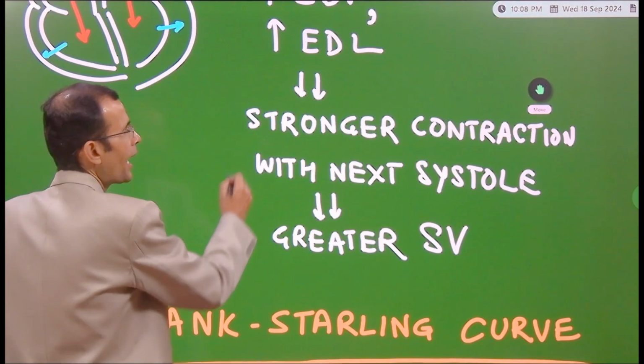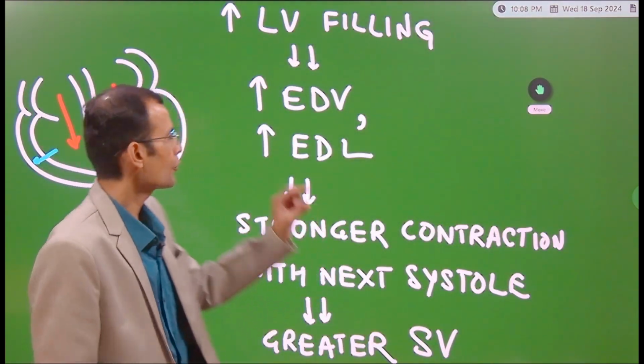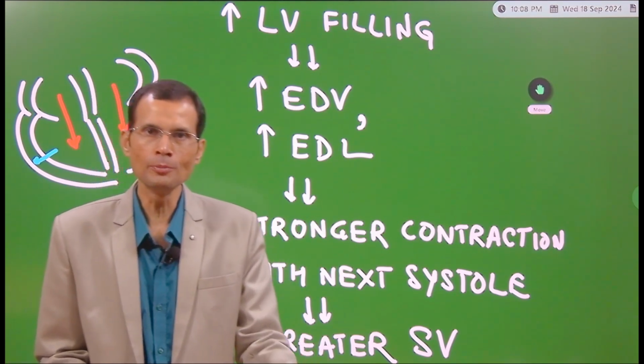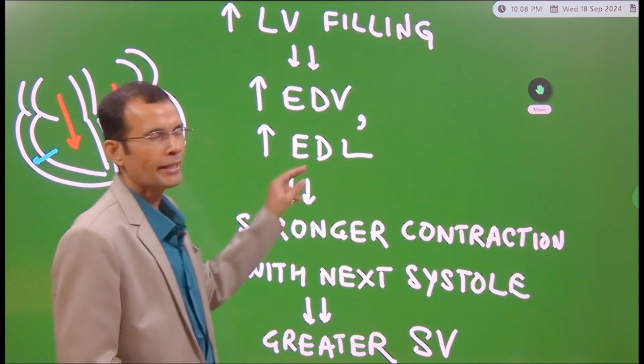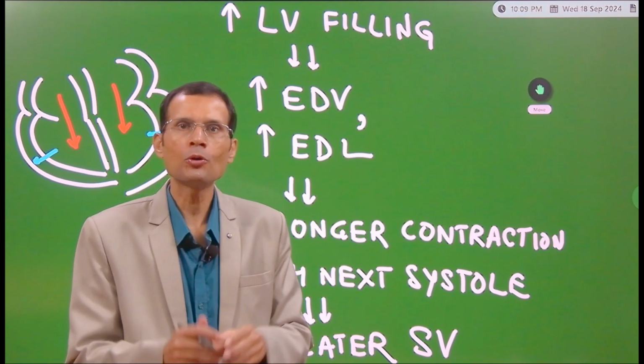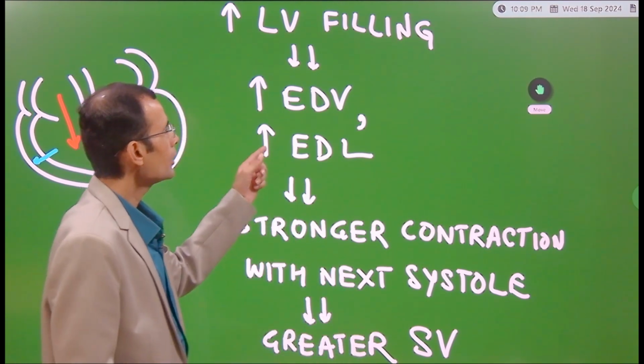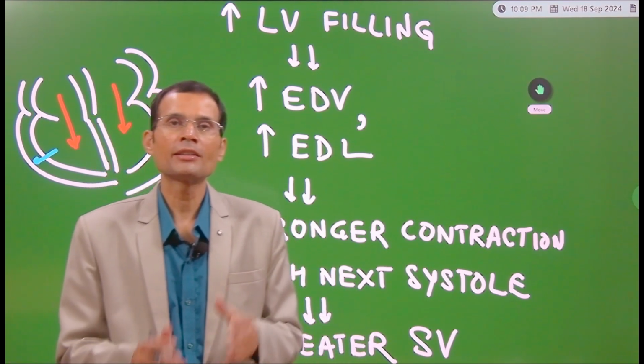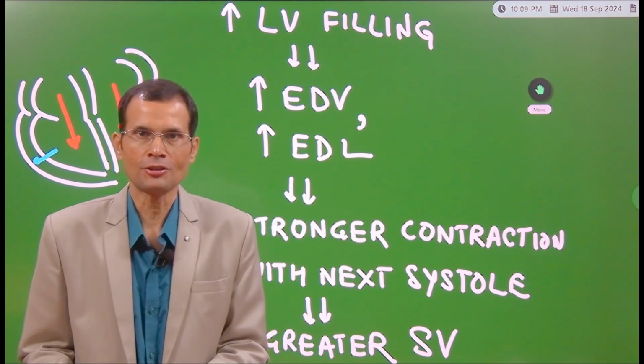Once you understand this, then it's a piece of cake to understand everything. All right, let me just add one more entity here. We have talked about the end diastolic volume and end diastolic length. They go hand in hand. I'm adding one more entity, and that is end diastolic pressure.